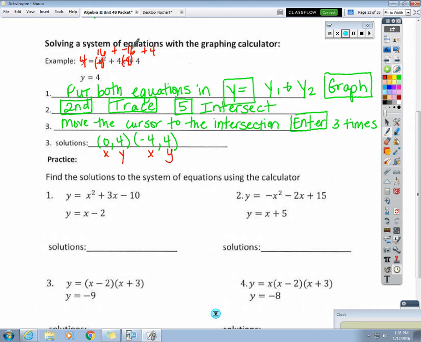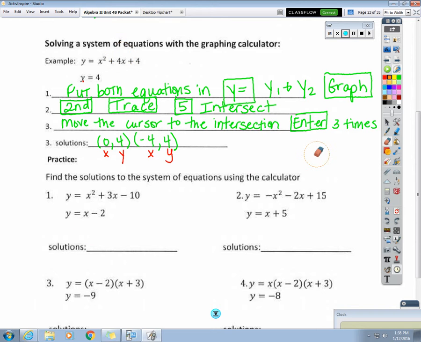What's 16 plus -16? It cancels. So all you're left with is 4 equals 4. Is that a true statement? Yes. Then if you try it in the other equation, the only place to plug in is y. Well, our y value for this point is 4. 4 equals 4. True statement. So algebraically, that's why those are solutions, because they are the points that when plugged in both equations of the system, they make true statements.